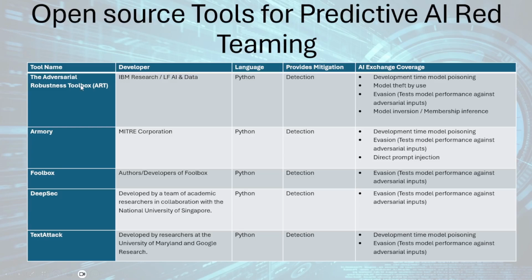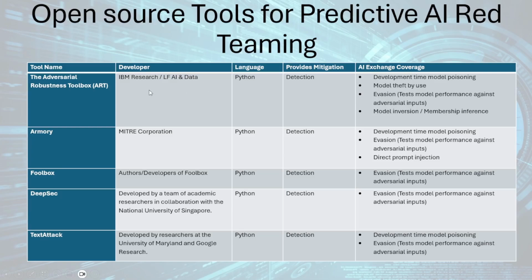So we can see in here we've got the adversarial robustness toolbox, and the developer is IBM Research and the Linux Foundation AI and Data. The tools here are all developed with the Python language, and they provide detection capabilities, and you can see also that under the AI Exchange coverage you can see the types of threats that can be tested against.